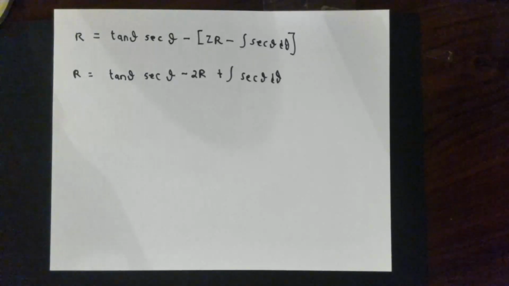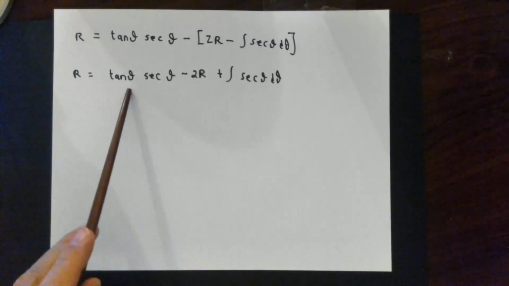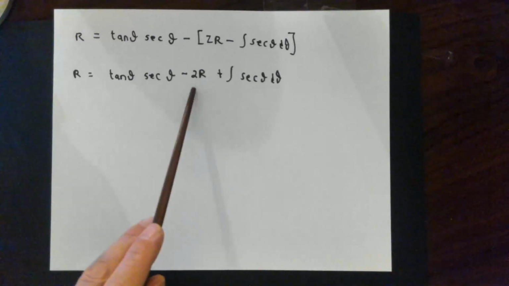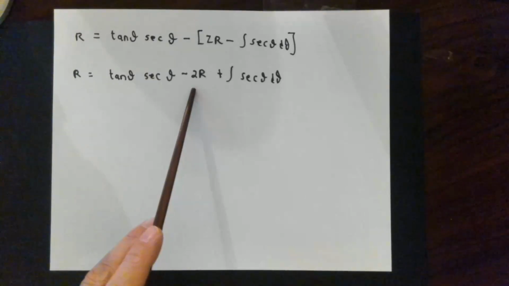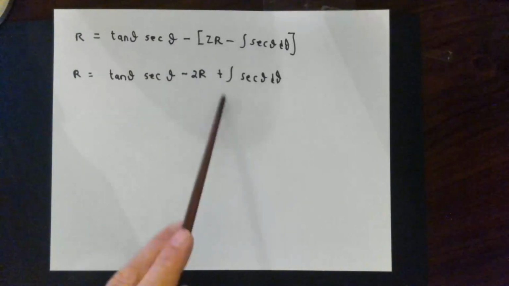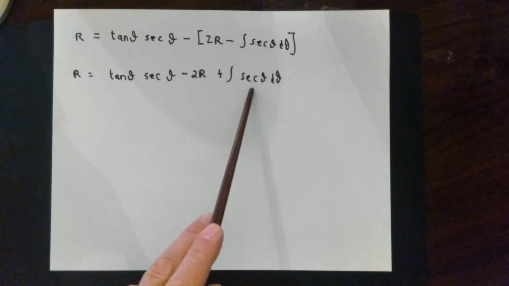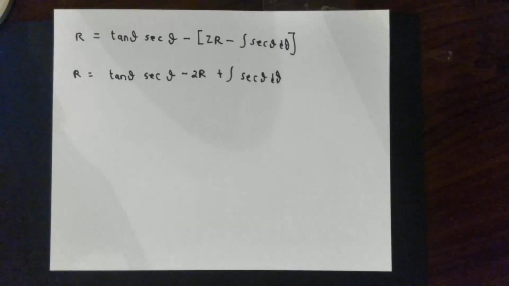Dropping the brackets, r is tangent theta secant theta minus 2r, and then plus the integral of secant theta d theta, which is on the list of things that we know how to integrate.